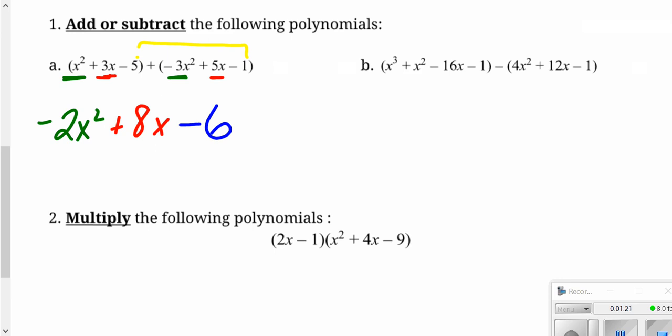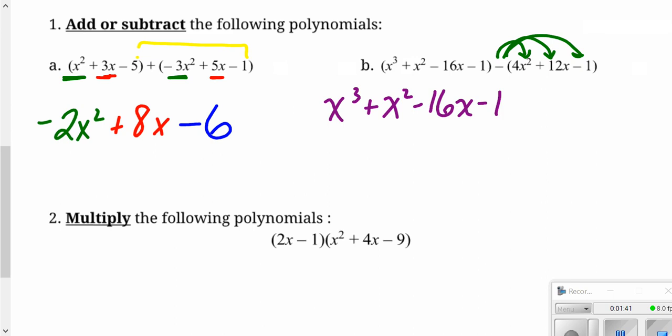When we are subtracting, we do need to think about the fact that the subtraction sign applies to everything in this second polynomial. All of that is being subtracted. So I like to switch this to adding the opposite. I feel like I make fewer mistakes with signs if I do that. So I would have minus 4x squared minus 12x and plus 1 if I distribute that negative, and I don't need the parentheses anymore.